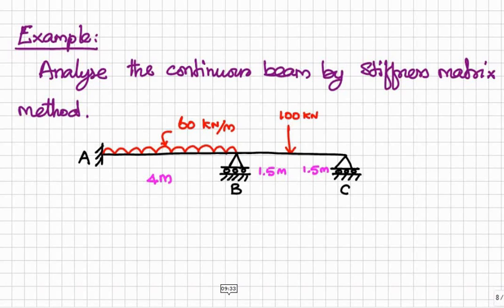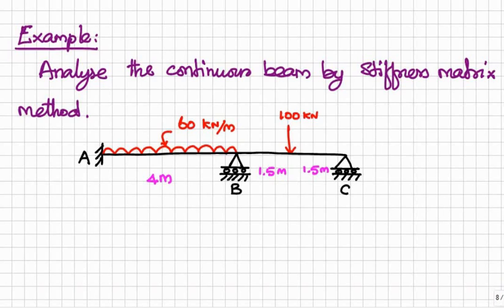Support A is fixed, supports B and C are rollers, and the AB span is subjected to a UDL of 60 kN per meter, and the BC span is loaded with a mid-span concentrated load of 100 kN.